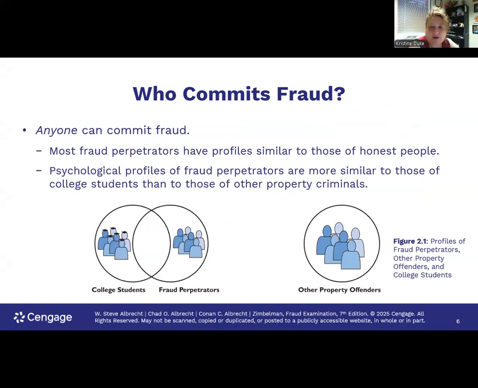Anyone can commit fraud. That's why I tell everybody, you don't trust people. Not that they're not trustworthy, but you go in with the attitude that you can't trust people. So you create good internal control. You create good organizational culture that values ethics.